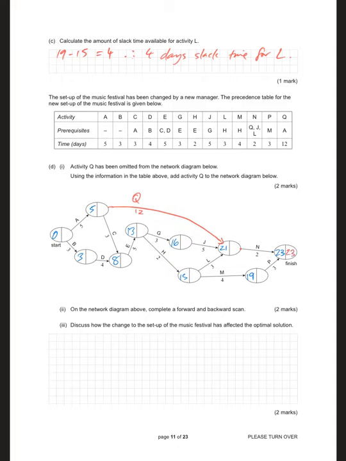23 take 3 is 20. 23 take 2 is 21. 20 take 4 is 16.